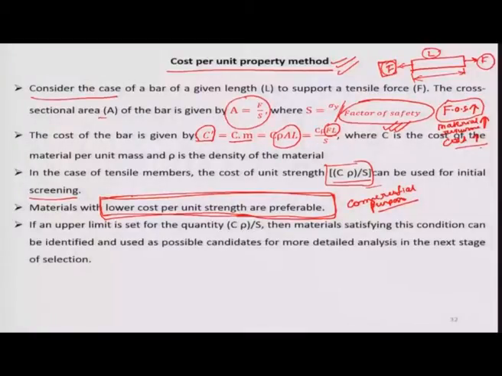If an upper limit is set for the quantity C rho by S, then materials satisfying the condition can be identified and used as possible candidates for more detailed analysis in the next stage of the selection.